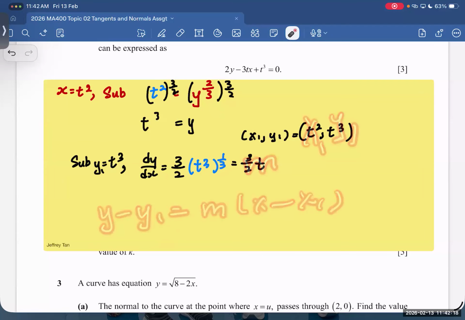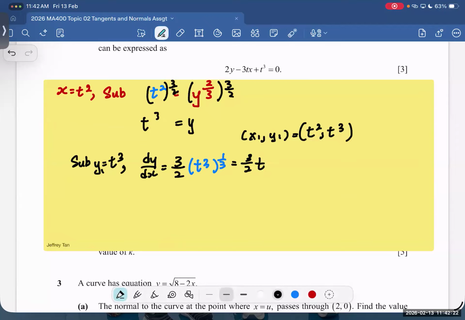So the equation is as follows: y minus y1 equals gradient times x minus x1.